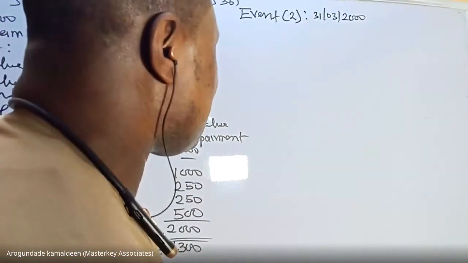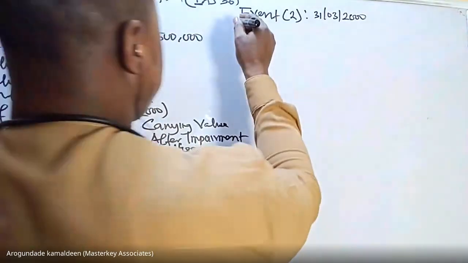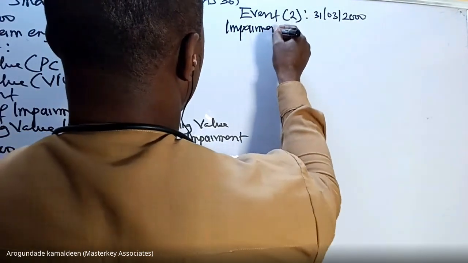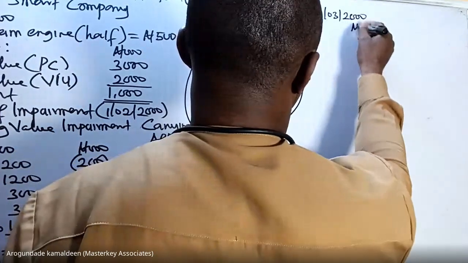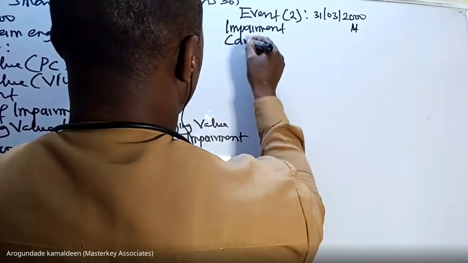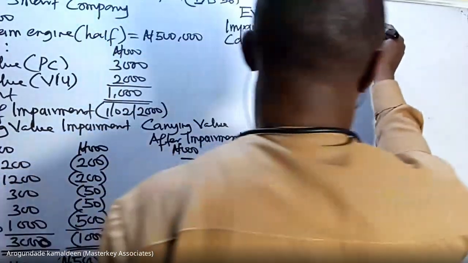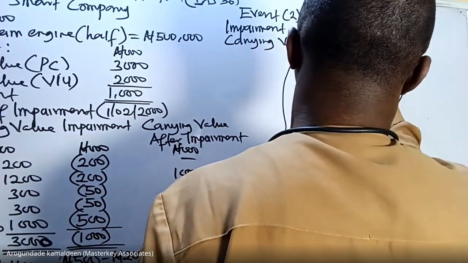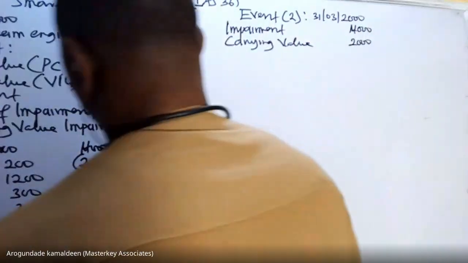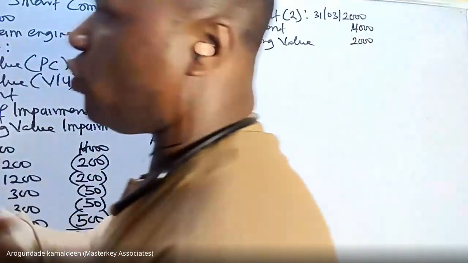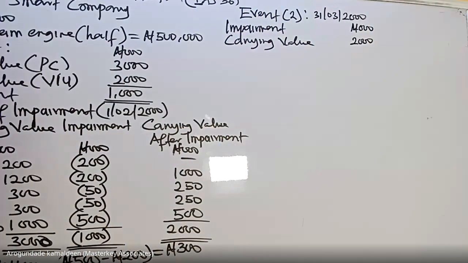So it means there is an impairment again. So the impairment here will be the carrying value, which is 2 million. Yes, because the value at the end of that January will still be the opening value on the 1st of March. But by virtue of what happened, it has dropped.